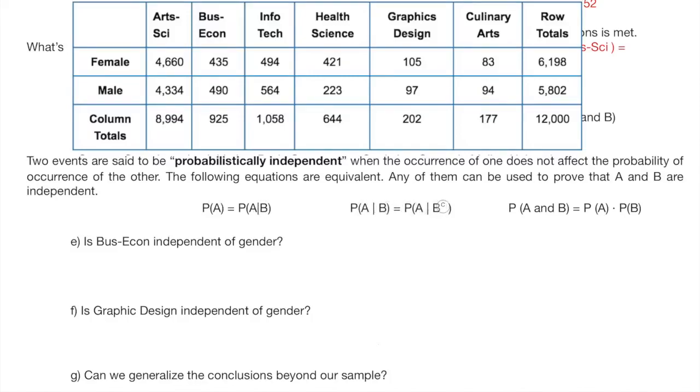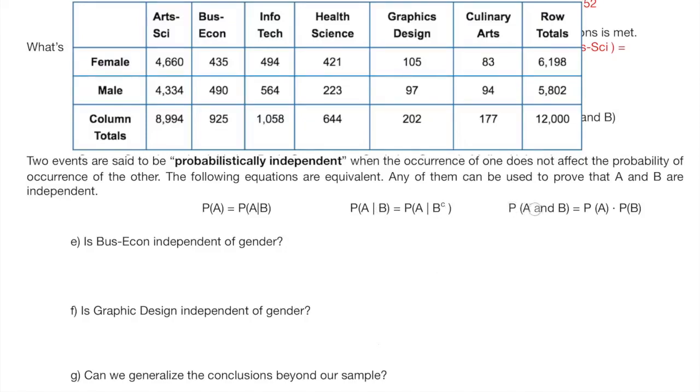This second equation says that the probability of A when we have the guarantee that B occurred is the same as when we have the guarantee that B did not occur. The superscript C means complement, the negation of B. So again, the occurrence or not occurrence of B does not change anything.